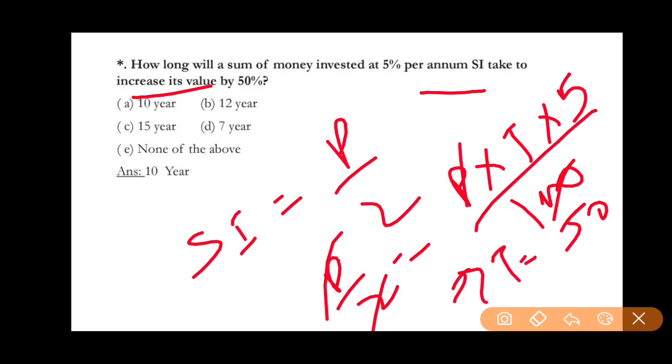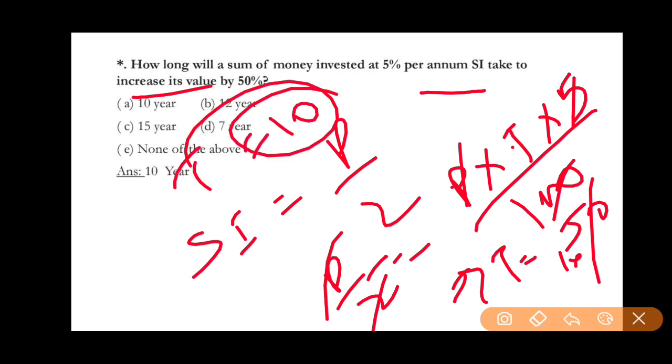Just a second, I'll tell you what the t value would be. Here P by 2 is there, and P into t into 5 by 100. P would be cancelled, and 2 will be cancelled as 50, and you will get 5 by 50, which would be 10. So time equals 10 here.